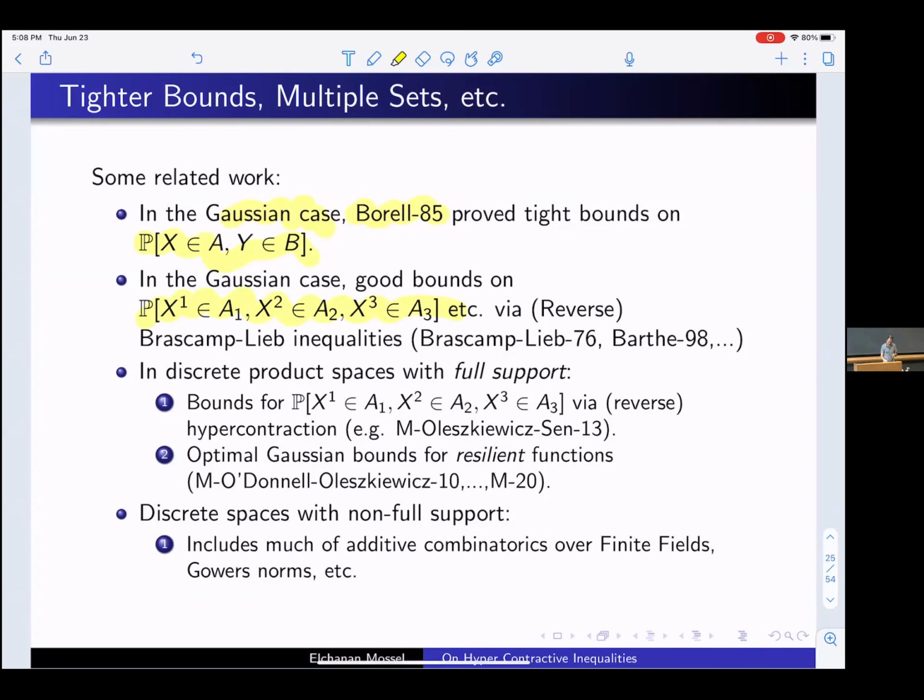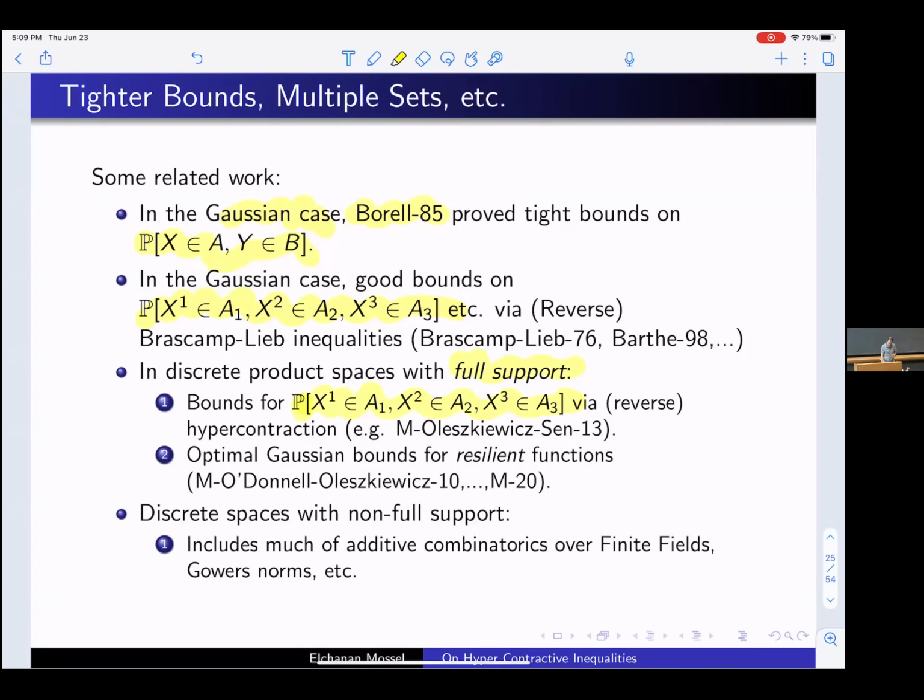In the discrete spaces that I was talking about before, like the discrete cube or the biased cube and so forth, the story is partitioned into two parts. One of them is what I call product spaces with full support. In this full support case, there are two interesting stories. Again, I'll say it very quickly. You can prove general bounds of this form via the theory of hypercontractivity or reverse hypercontractivity.